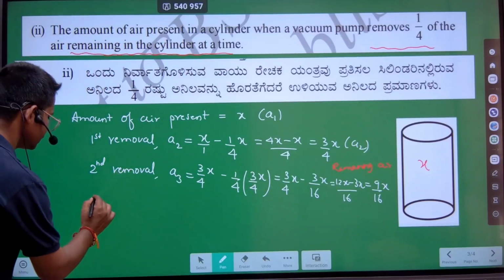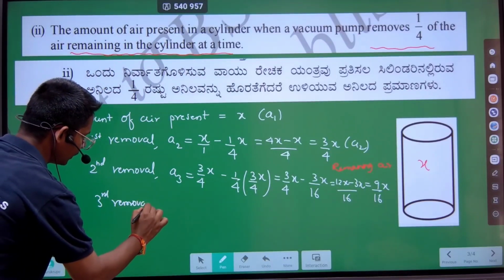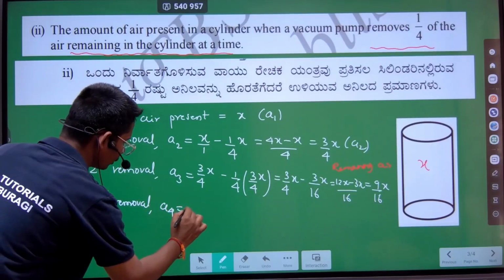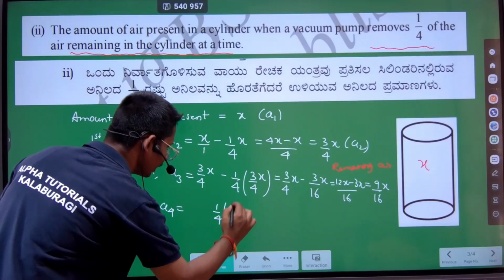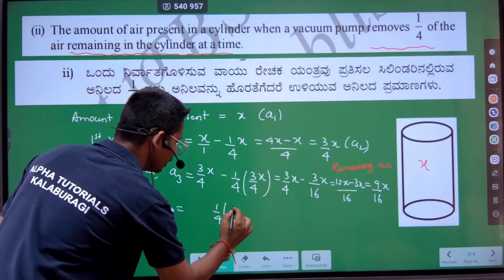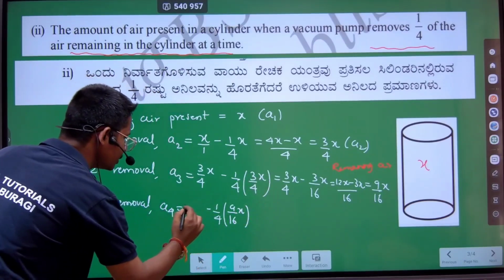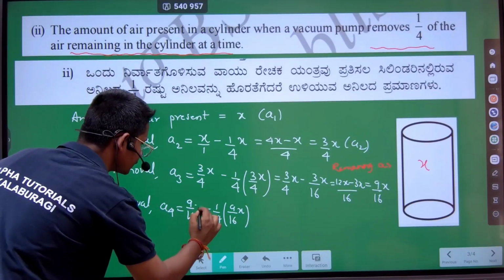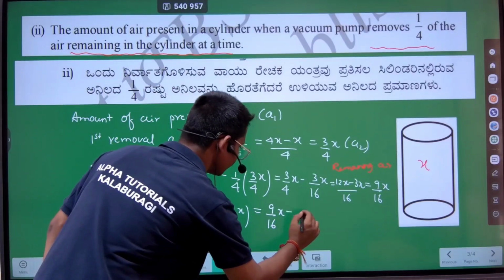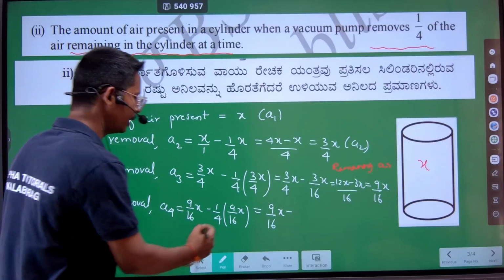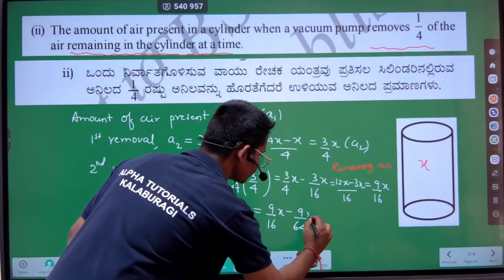Yes, third removal. A4 equal to, I need to remove 1/4 of the remaining air. How much is remaining? 9 by 16x, from how much is present, 9 by 16x. 9 by 16x minus 9 divided by 16 into 4, 64x.